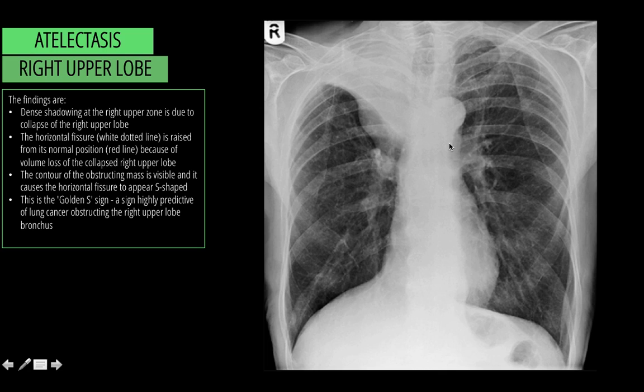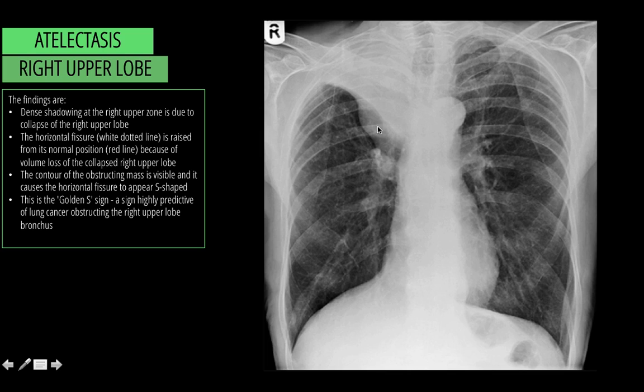In addition, if we consider the relations of the left hilum versus the right, we can see an increased height or location of the right hilum, so it means that it is being pulled upwards, and we can also see this pulling or increased height associated with the cardiophrenic recess on the right.